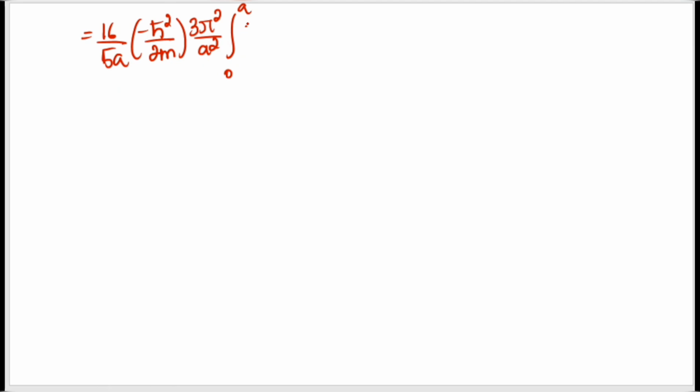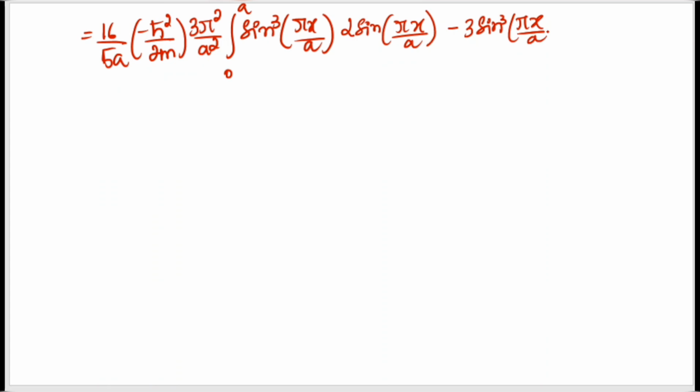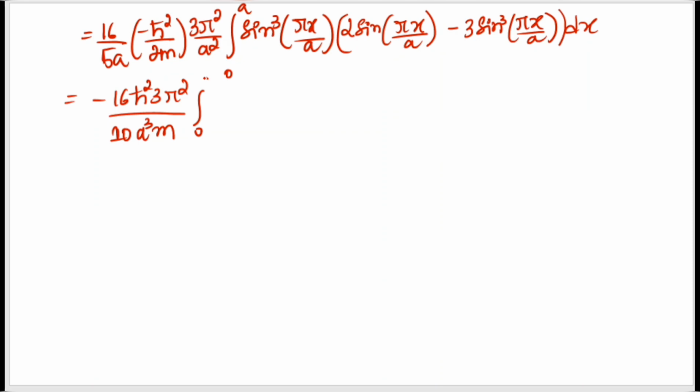Integration from 0 to a of sine cube pi x divided by a into 2 times sine of pi x divided by a minus 3 times sine cube of pi x divided by a, this was the term we were getting, into dx. So here we are having minus 16 times h cut square into 3 times pi square divided by 5 into 2 into a cube into m, right? It is from 0 to a.